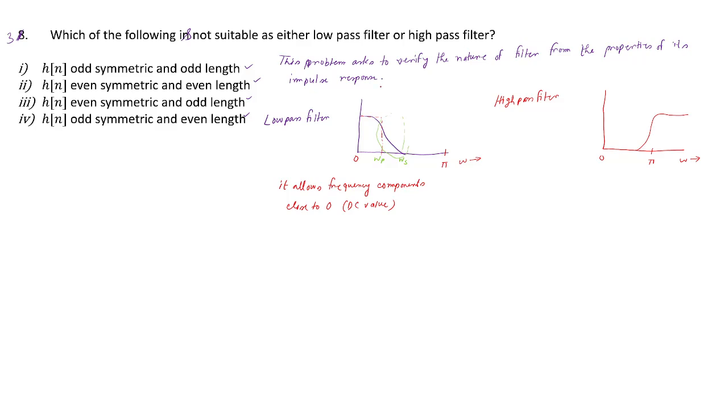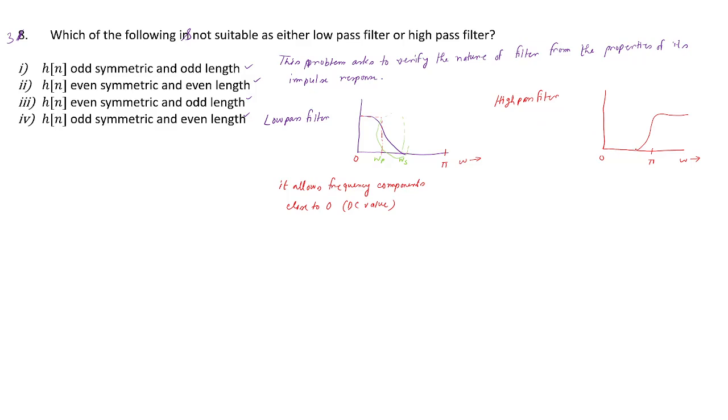In a low pass filter it allows the DC value and nearby low frequency components, and its stop band starts attenuating the frequency components much earlier than reaching pi. It starts attenuating components from here.